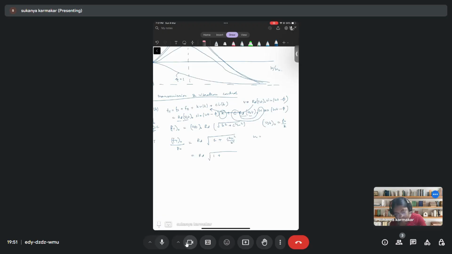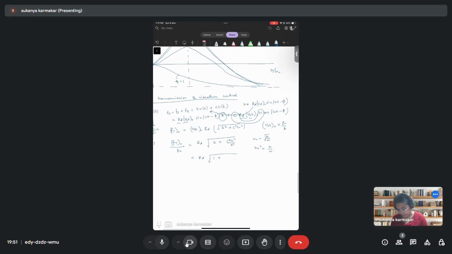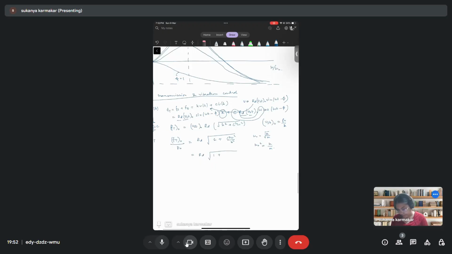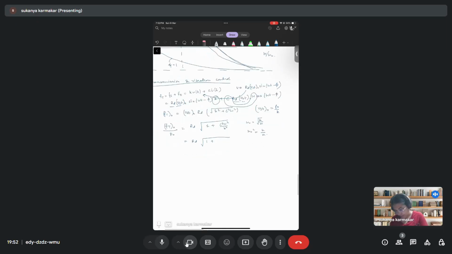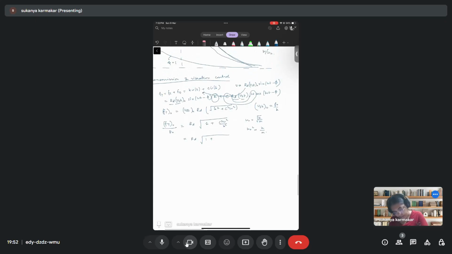Omega n is under root of k by m, so omega n square is k by m. And I have zeta is equal to c by 2m omega n.